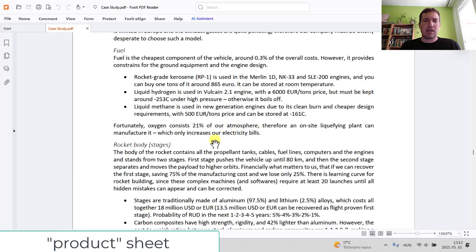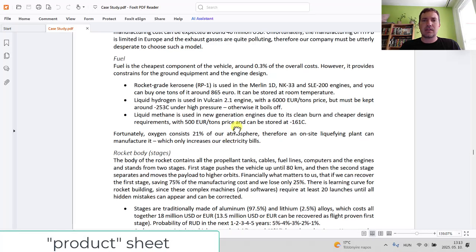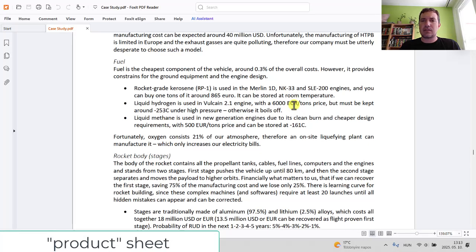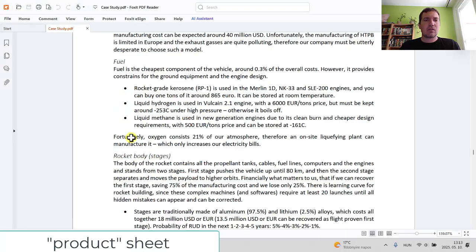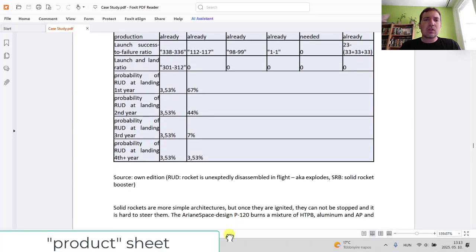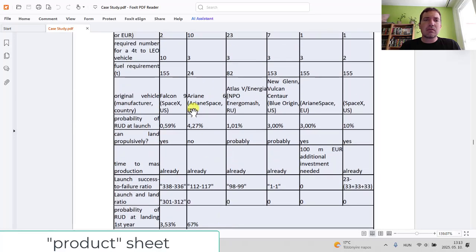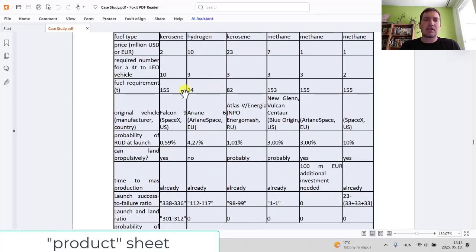Okay, and then we can see that it will require 14 tons. The fuel requirement is here, that we need such amount of tonnage.